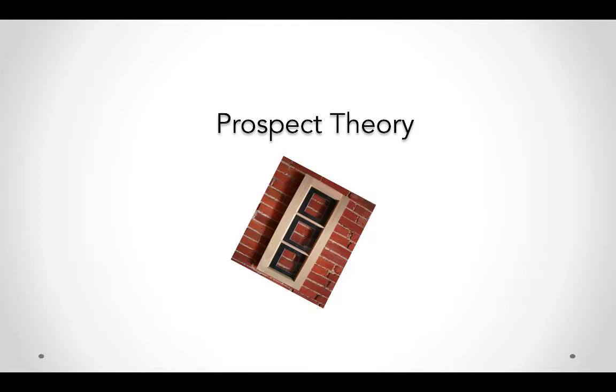Prospect theory was developed by the godfathers of behavioral economics. You know them by now, Daniel Kahneman and Amos Tversky. And they wanted to convince the economists, not only the psychologists, that there might be something else going on in our minds.